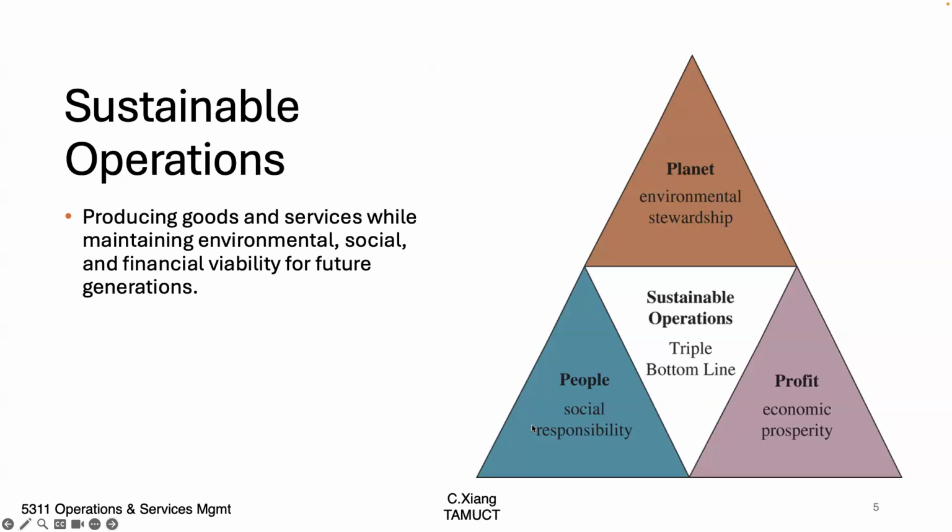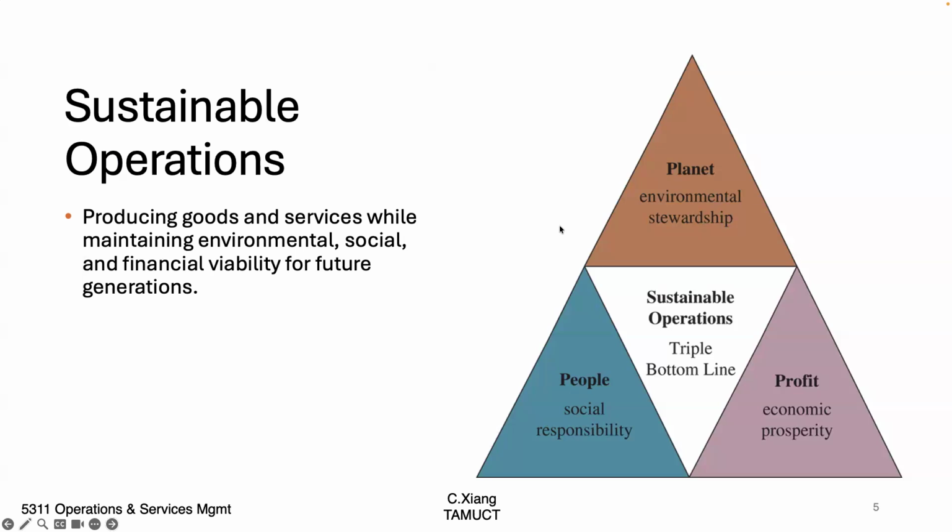The third P is planet, which refers to environmental stewardship. This includes reducing environmental impact, conserving resources, and protecting the natural environment. This is the aspect of sustainability most of us are familiar with, so I will not go into detail here.